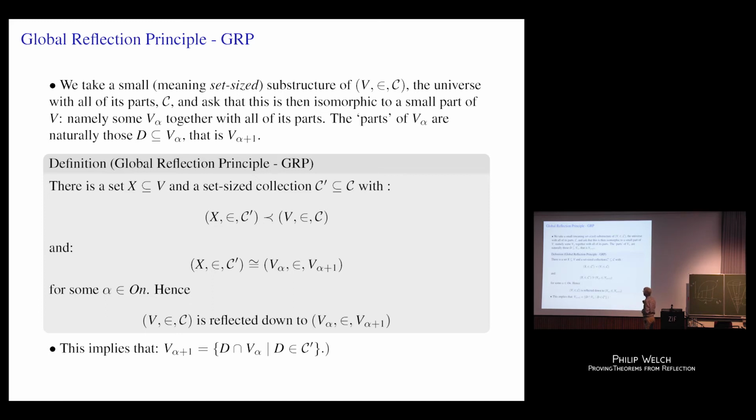So we'll take the universe. One can tell a mereological story, if you want, about the classes that are in here. They're the parts of V. We'll reflect that down to essentially an initial segment of the universe, a V alpha, together with its parts. So we'll take a substructure of the universe, a set-sized collection of these classes.